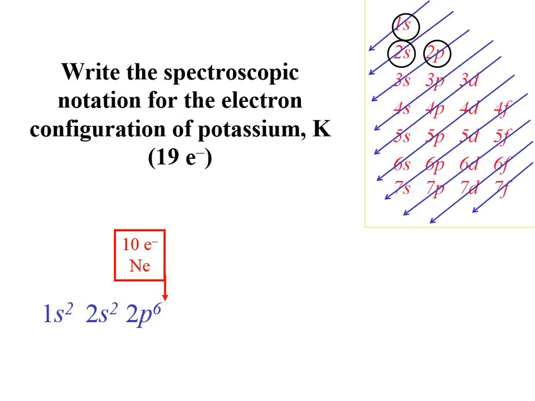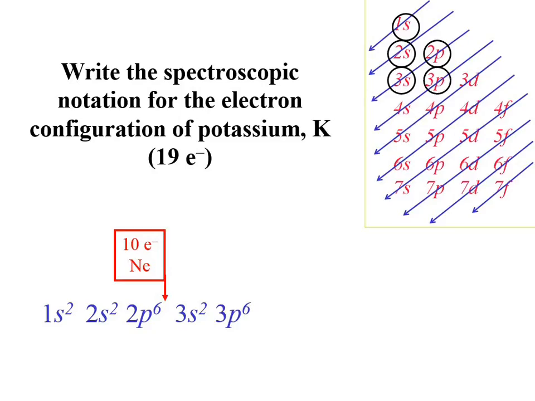So the next place is 3s, and we're going to go ahead and fill it up, 3s2. Looks like we're going to fill up the next one too, aren't we? Because let's see, 3s. Now according to our arrow diagram, we're going to go on to our fourth diagonal, the top. So that's 3p, and we need all 6 electrons, so 3p6.